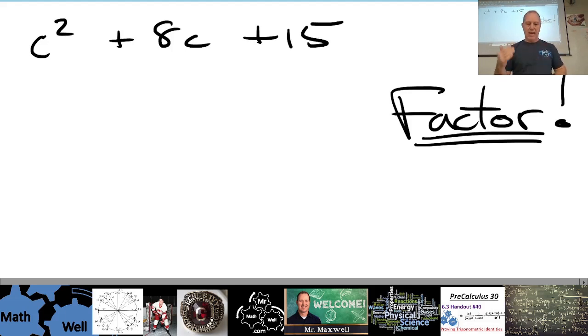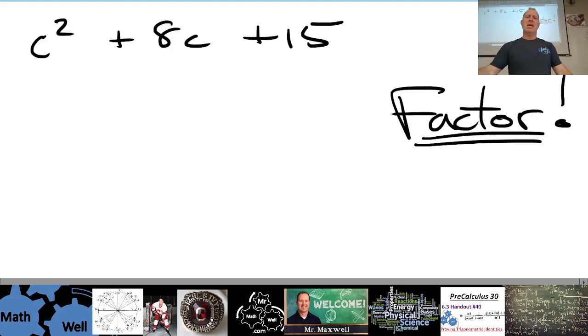Another method is factoring by decomposition. Some people love the decomposition method because it's a little more prescriptive: here's step 1, step 2, step 3, step 4, but it takes a little more time. I'm going to get to decomposition a bit later. First, we're going to work on our mental math intuition method with some easy ones.